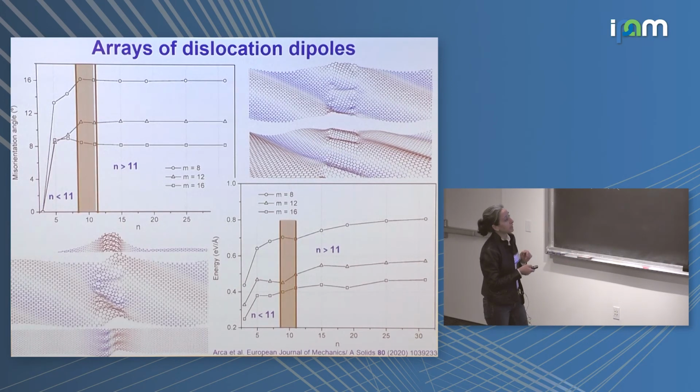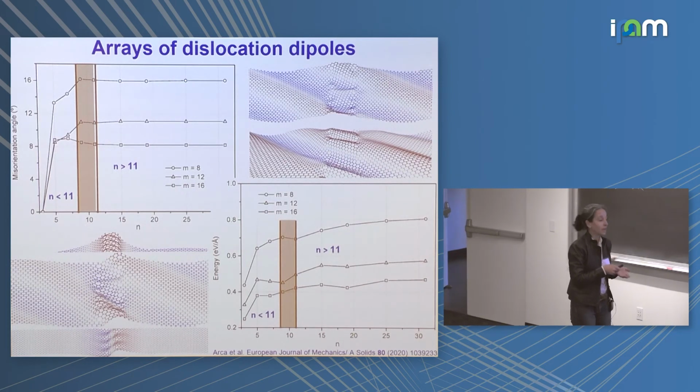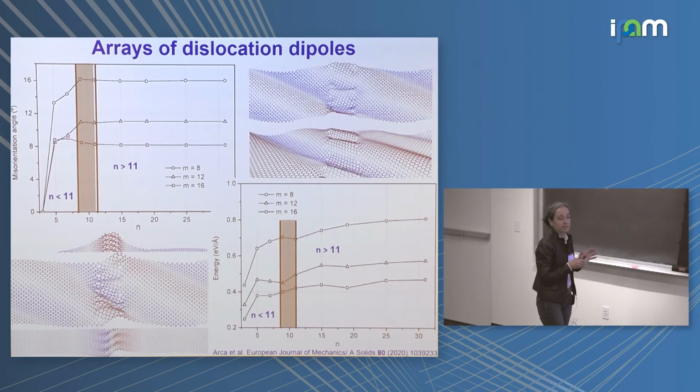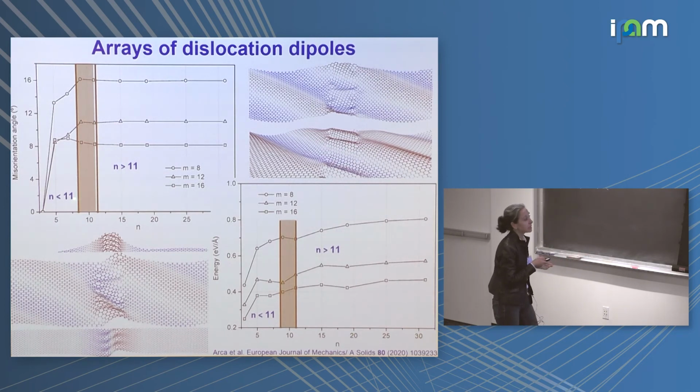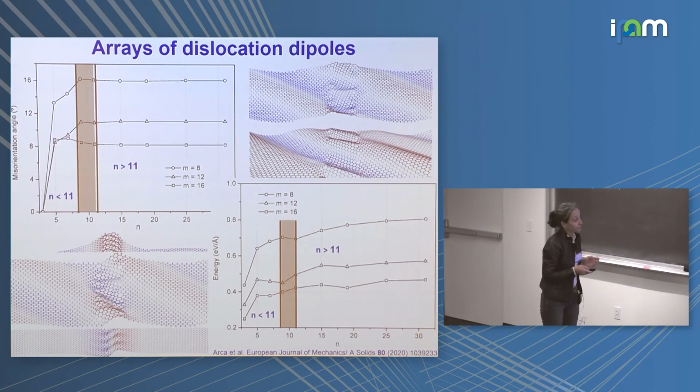You have a kind of transition regime in between short and long dipoles that corresponds to this configuration. They are not the same, because the out-of-plane displacements for the whole lattice are an order of magnitude lower than the ones that you observe here. So it is a transition regime in between one and the other.